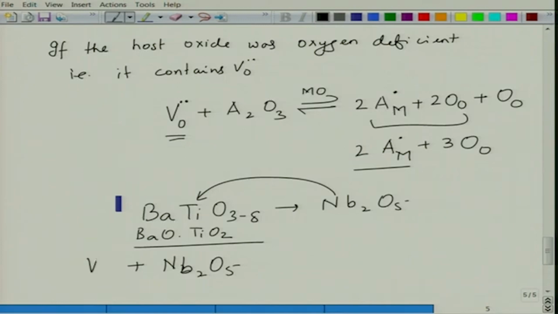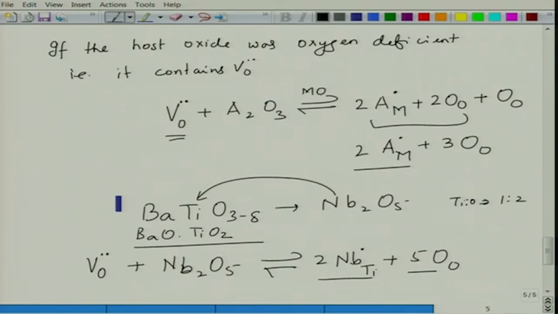So, if you put niobium in this, Nb2O5, you have vacancies of oxygen in the system. So, 2 niobiums go to titanium site plus 5 oxygens go to oxygen site. So, this niobium will be positively charged. So, out of these 4 are related to titanium, because Ti to O is 1:2, right.